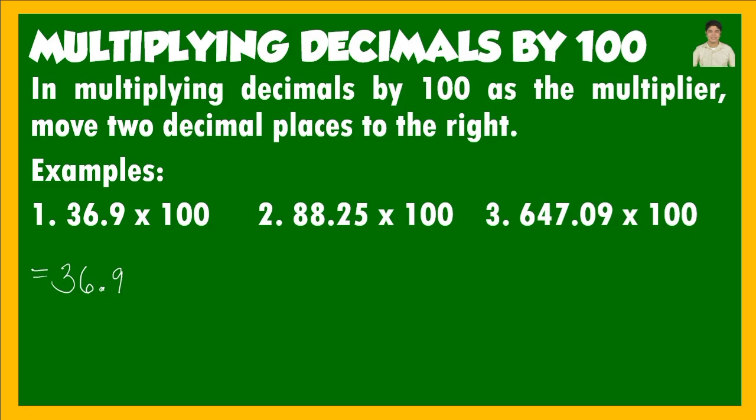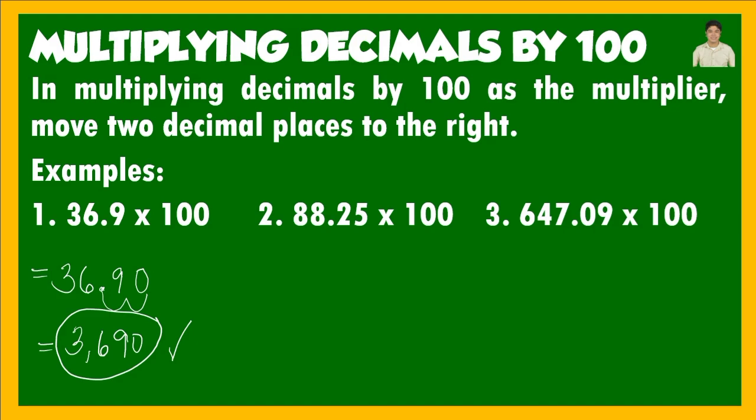So, in this case, isa lang po nakikita nating number dun sa right side ng decimal point. So, ang gagawin po natin is, mag-a-add po tayo ng 0 placeholder. So, sagot po natin dito is 3,690.